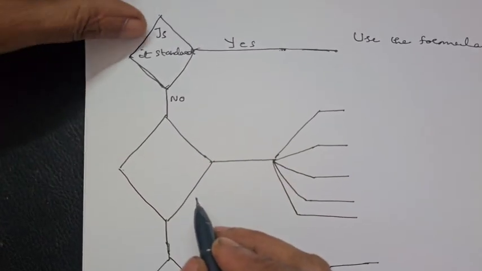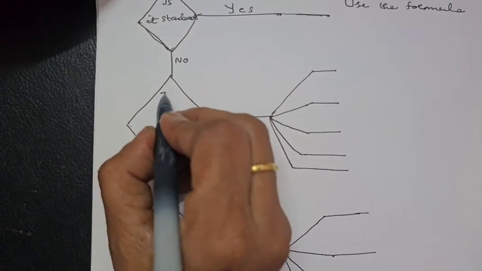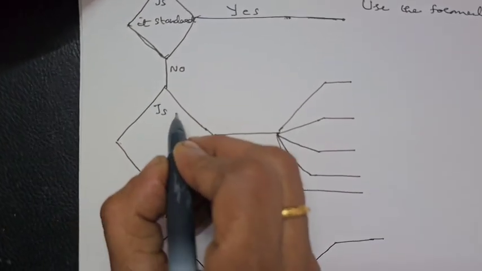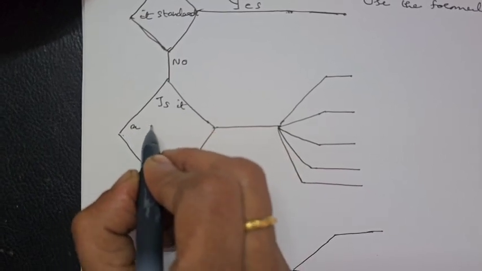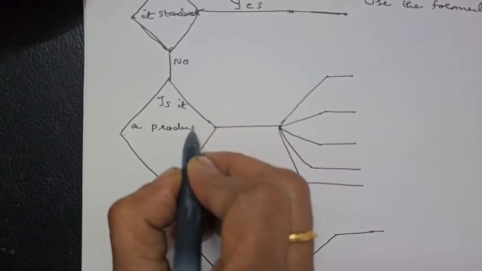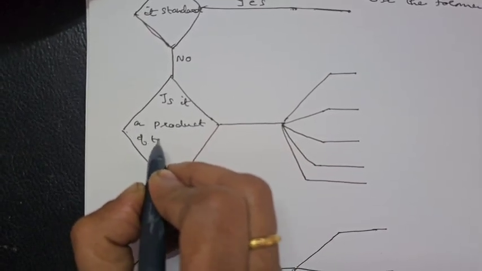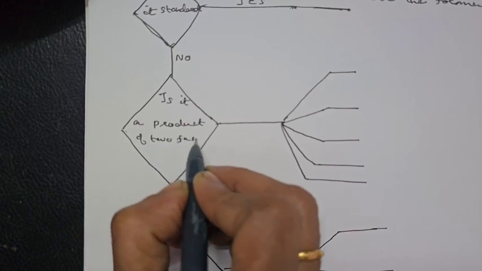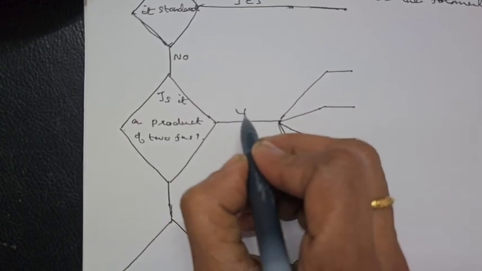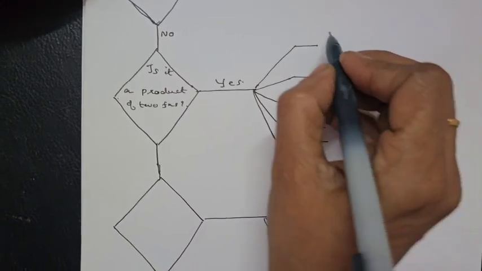Now you ask, is it a product of two functions? That is the next question. If the answer is yes, then how do you identify?